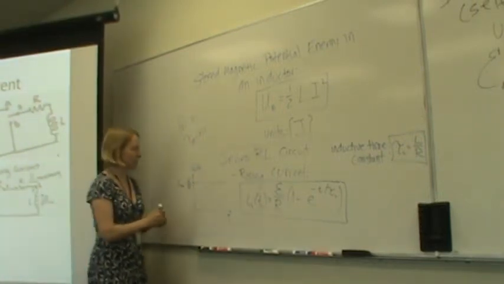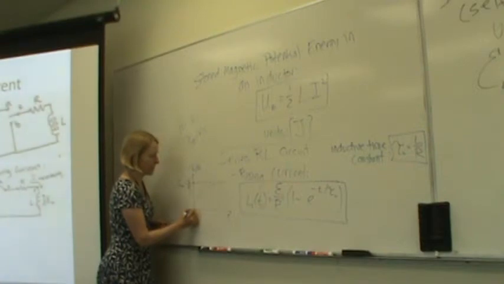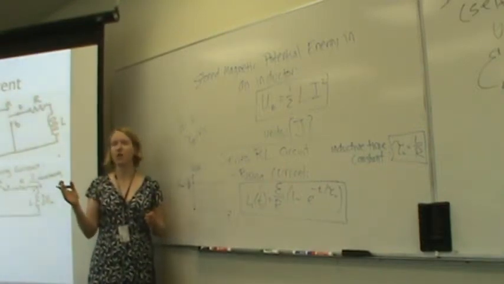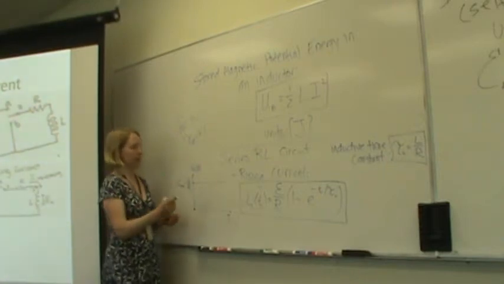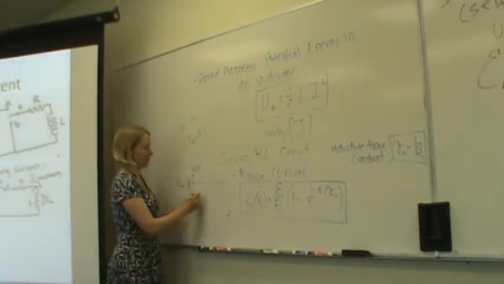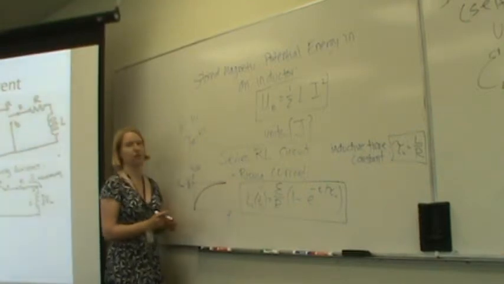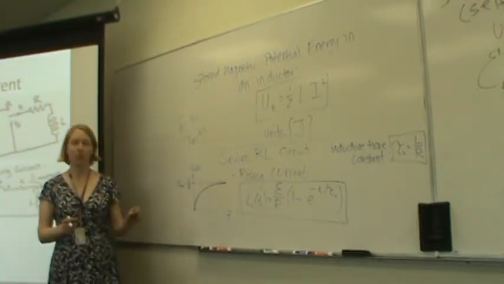So at time equals 0, right here, the inductor blocks current completely, and no current is going to flow through the circuit. And then gradually over time, the inductor calms itself down and allows current to flow bit by bit.